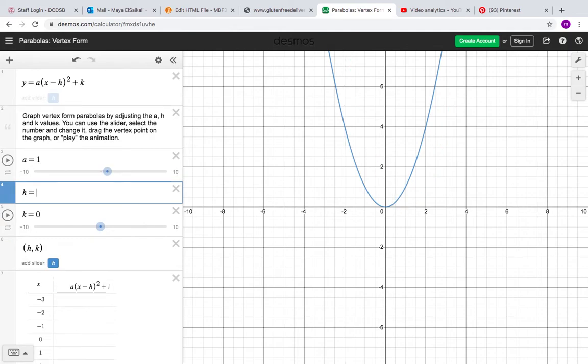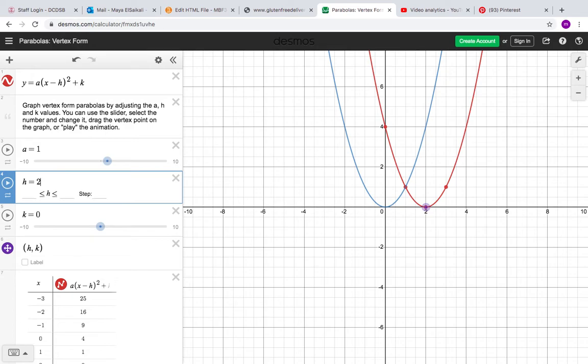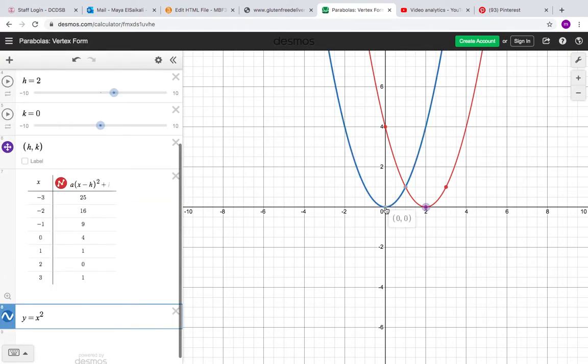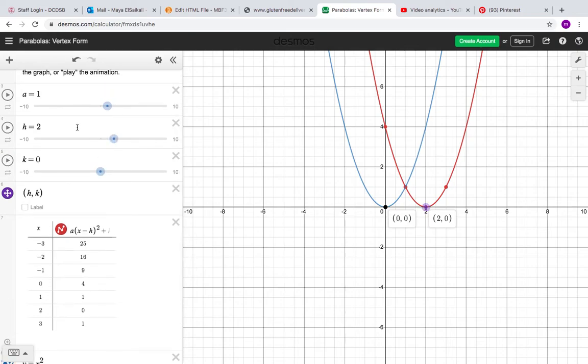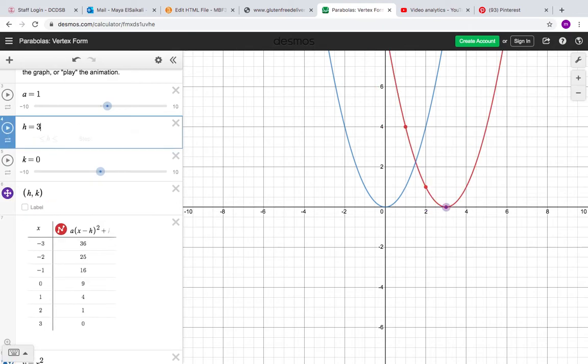Now, what if it's 2? Moves to the right 2. Now, keep an eye on the vertex. The vertex was 0, 0, and now the vertex is 2, 0. Let's see what happens if h is equal to 3. Again, it moves 3 units to the right, and my vertex is 3, 0.